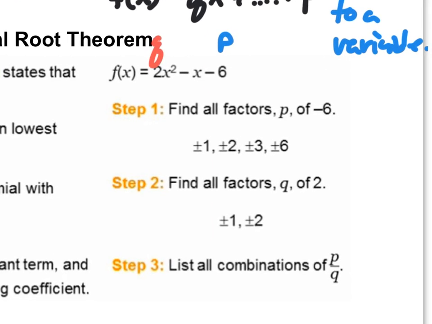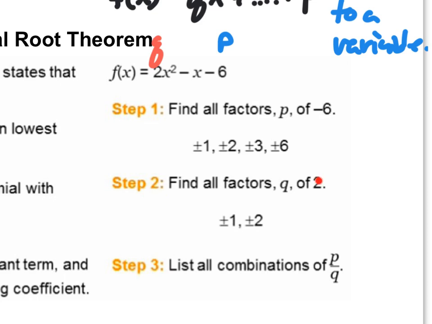So what you would do is you would take all the factors of -6. So you would take plus or minus 1 times 6, 2 times 3, in any combination of positive and negative numbers that would multiply to give me -6.